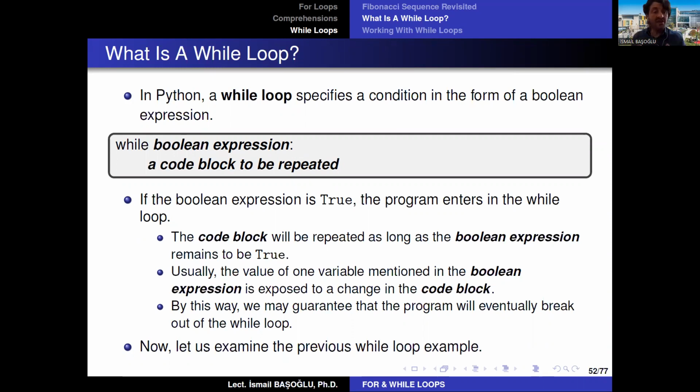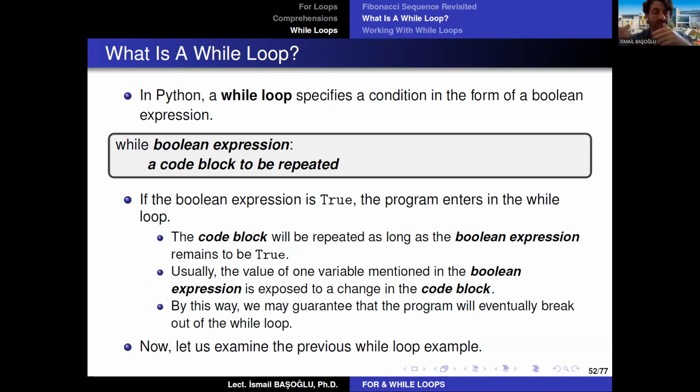Now, in a while loop, my friends, the driving force is a Boolean expression. In a for loop, however, the driving force was the assignment target taking values in an iterable object. Okay, this is how while loops are different from for loops. As long as the Boolean expression remains true, the code block in the while loop will be repeated again and again.